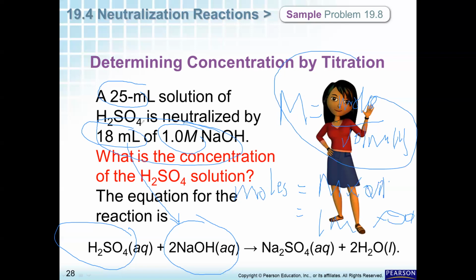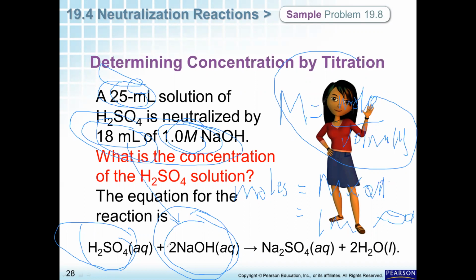From the volume and the molarity, we were able to determine the moles of sodium hydroxide. From the equation, which is 2 to 1, whatever we get here, half of it will be sulfuric acid. Once we know the moles, we already have the volume.